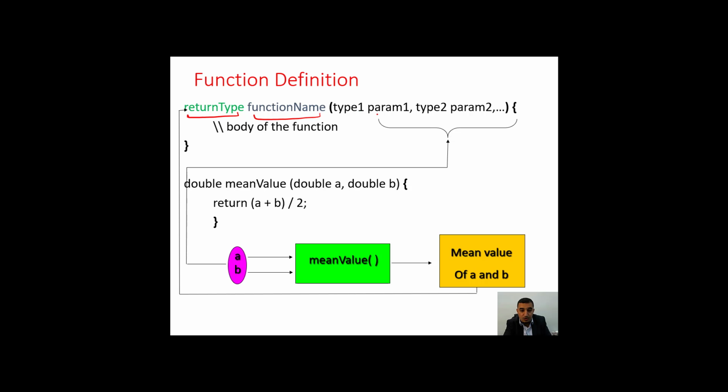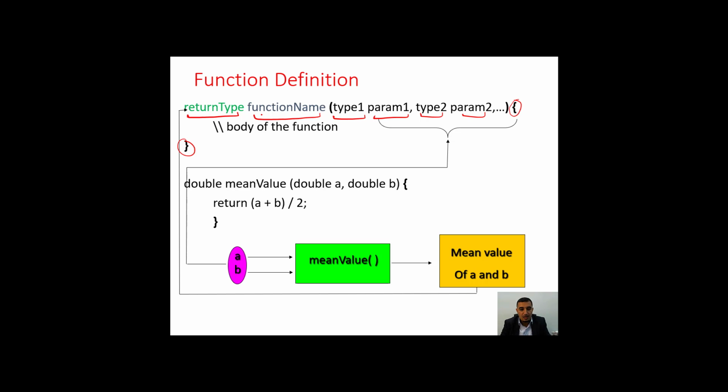Then we put our variables: the type of the variable, integer, double, character, boolean, whatever, then the name, type, name, and so on. We close the brackets, and then we put our function body.